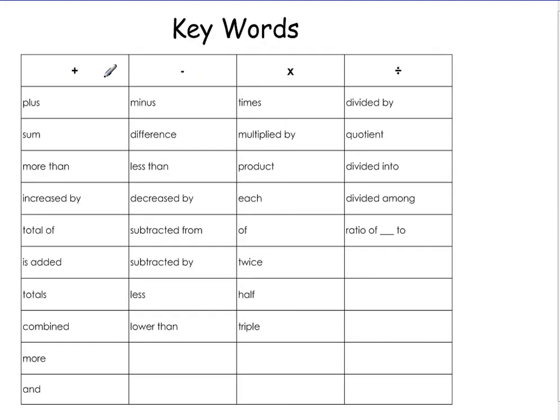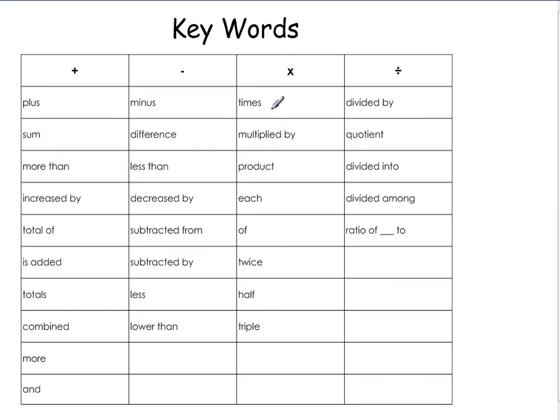Keywords for each of these operation symbols. For addition, when we know we need to use the addition symbol, we would see the words plus, sum, more than, increase by, total of, is added, totals, combined, more, or the word and. For subtraction, we would see words minus, difference, less than, decreased by, subtracted from, subtracted by, less, lower than.